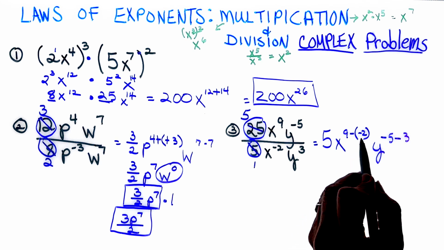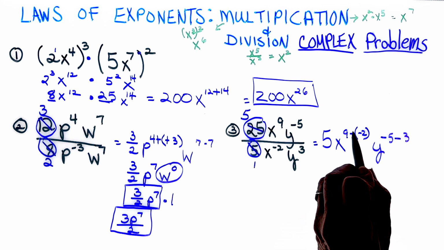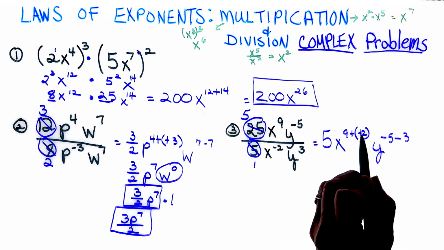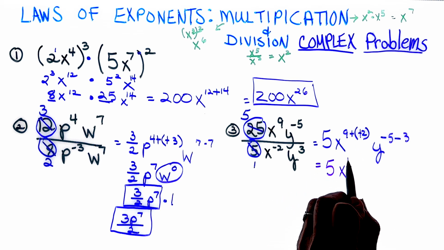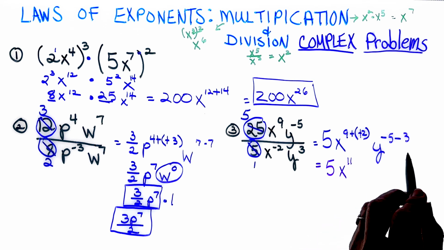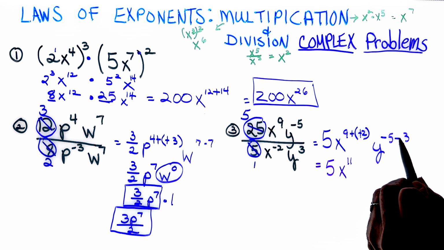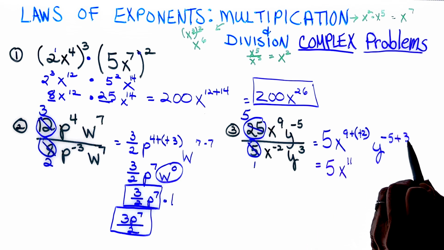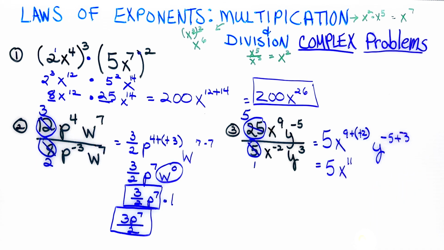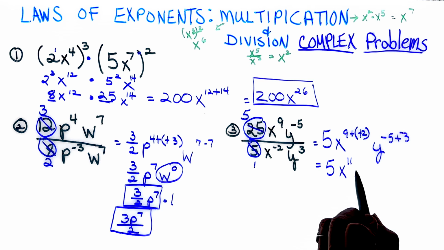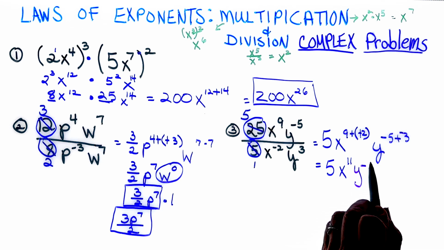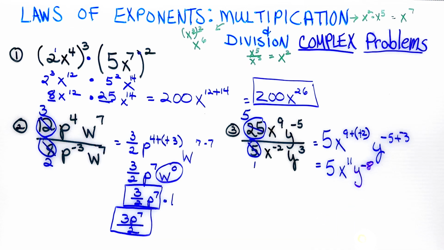Again, we know that when we subtract, we add the opposite. So I end up with 5x to the 11th. And this is a subtraction sign, so I'm adding, and this is a positive 3, the opposite. Well, negative 5 plus a negative 3, we know, is a negative 8.